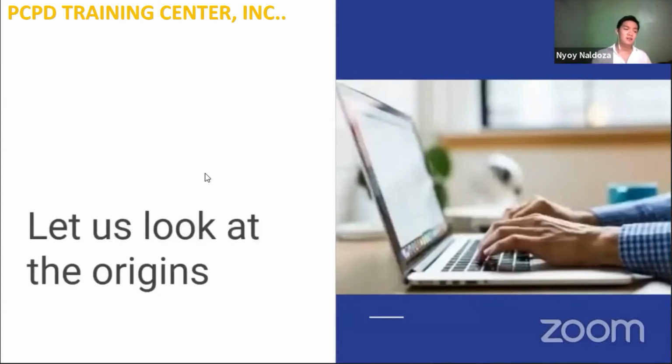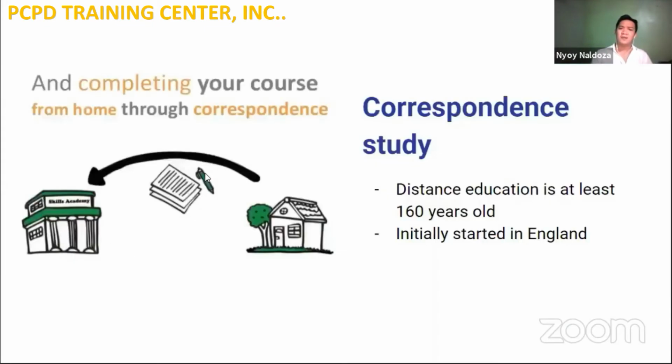Now, let us look at the origins. The origin of distance education goes back at least 160 years. It started in England in the form of what we call correspondence study, the traditional learning through correspondence.